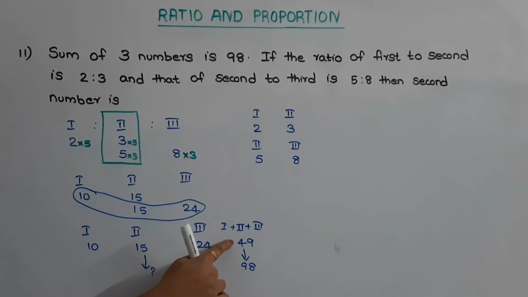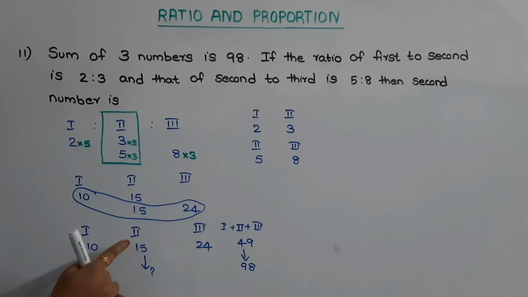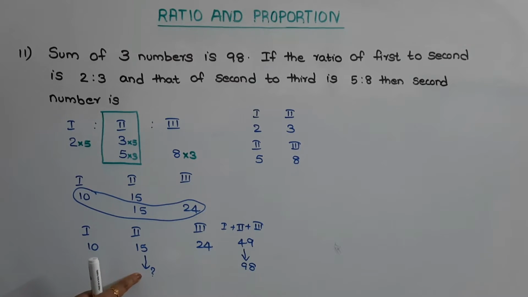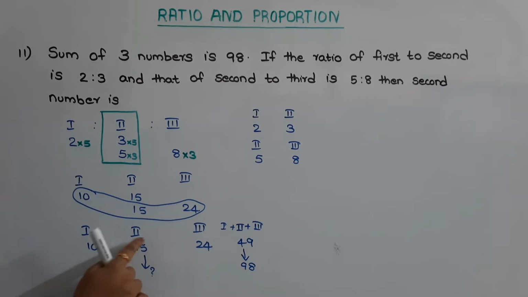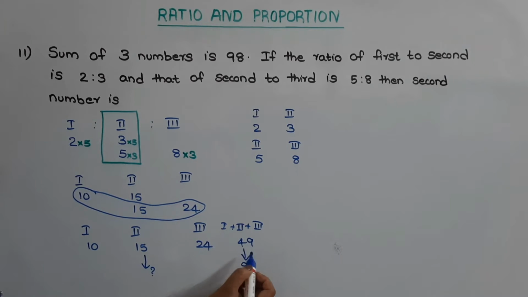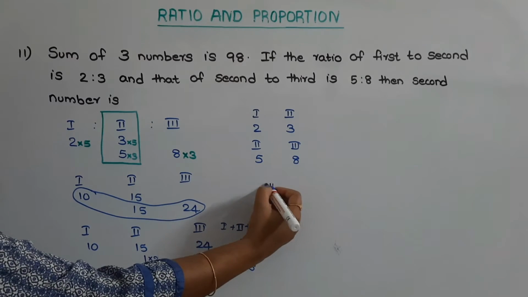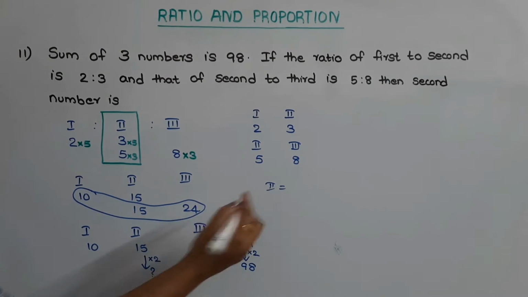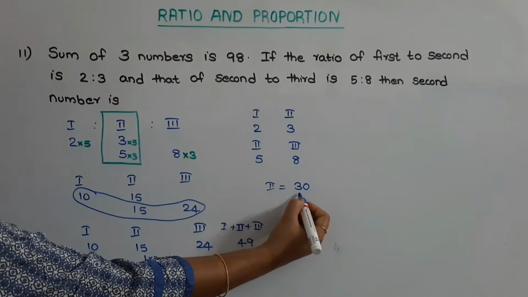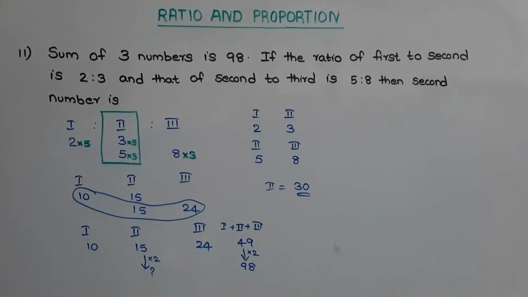If 49 can be written as 98, what will be the value of 15? This we can find out either by cross multiplying, or see here 49 into 2 is 98. So if you multiply this 15 by 2, you will get this value. So the second number will be equal to 15 into 2, that is 30. So this is the answer.